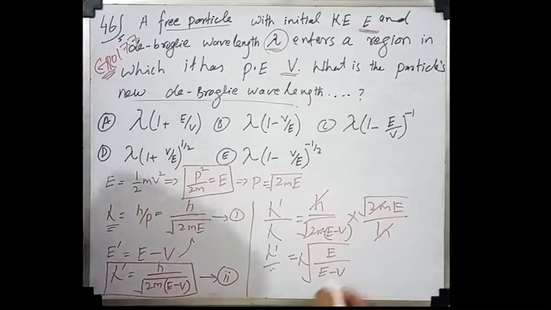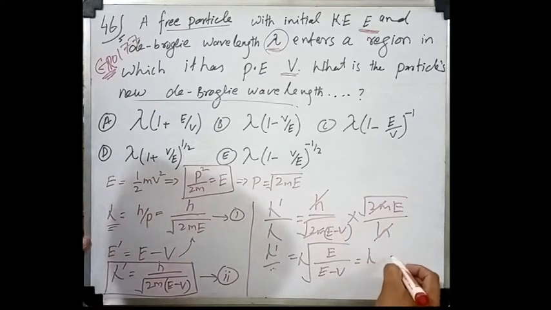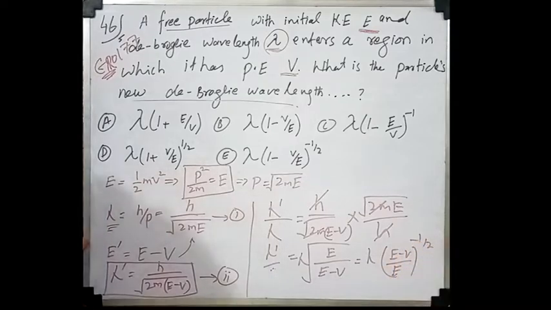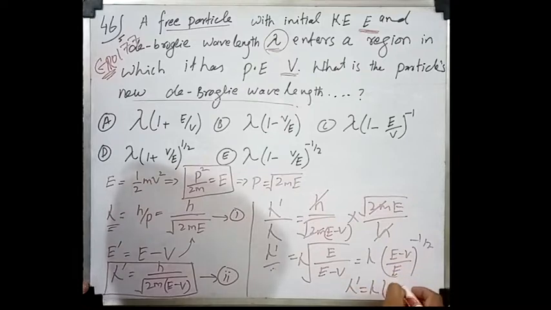So we can write this as E minus V over E, whole power minus 1 by 2. Inverting this, lambda prime equals lambda times 1 minus V over E, whole power minus 1 by 2.